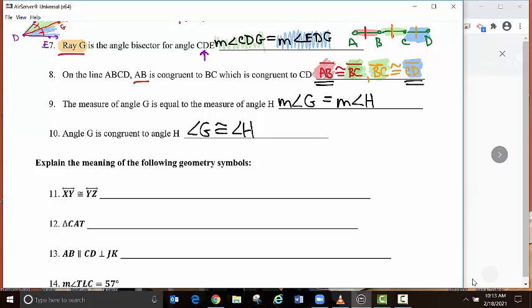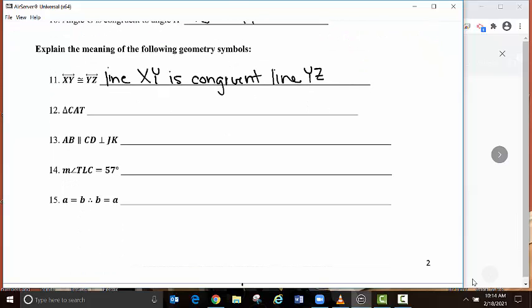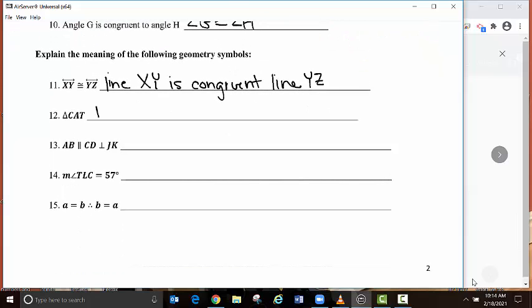This is saying line XY is congruent to line YZ. This was just saying we have a triangle CAT with corners CAT.